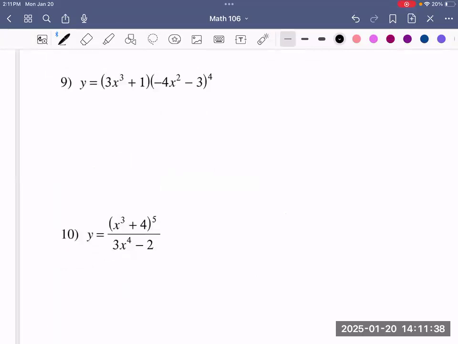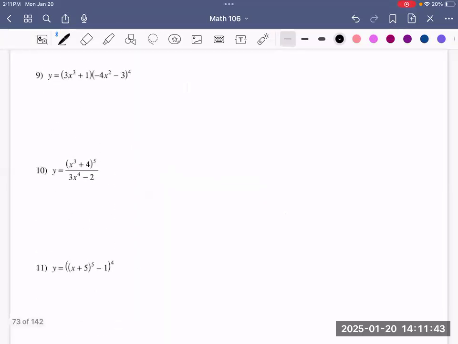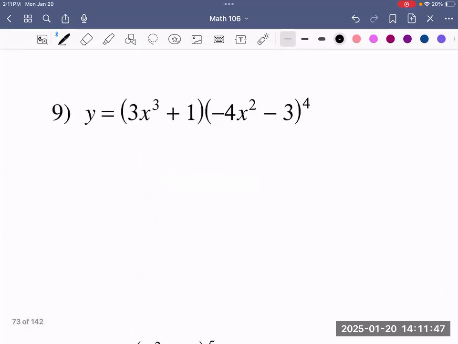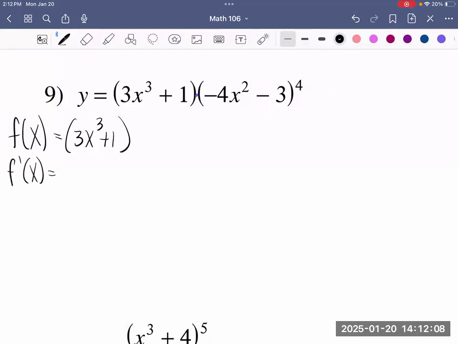We'll do, let's see, 9. Just do 9, 10, maybe even 12. Let's take a look at 9. So 9 has a combination of things. We first have the product rule to recall, and then while we derive, we also have to take care of the chain rule. First things first, the product rule: f of x is going to be that first parentheses, so let's take the first derivative of it.